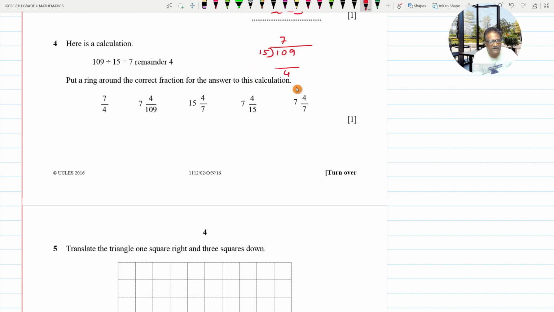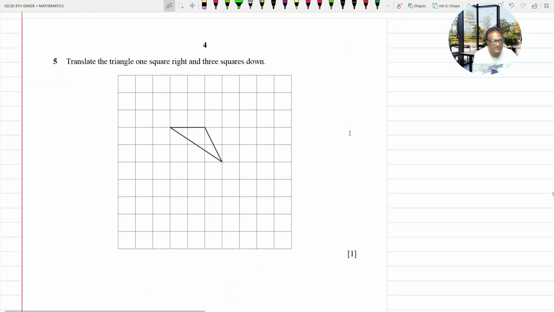This type of division you can write in a mixed fraction form as 7 4 upon 15, isn't it? So the right answer will be this one, 7 4 upon 15. So I'll put a ring around 7 4 by 15. Is that correct?